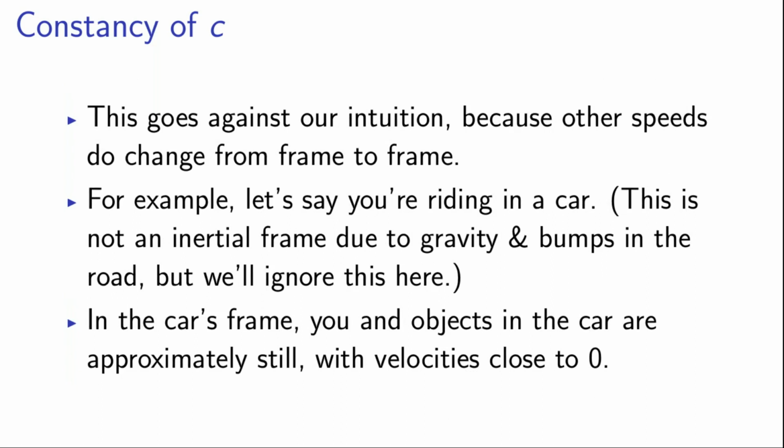This goes against our intuition because other speeds do change from frame to frame. For example, let's say you're riding in a car. This is not an inertial frame due to gravity and bumps in the road, but we'll ignore this here. In the car's frame, you and objects in the car are approximately still, with velocities close to zero.